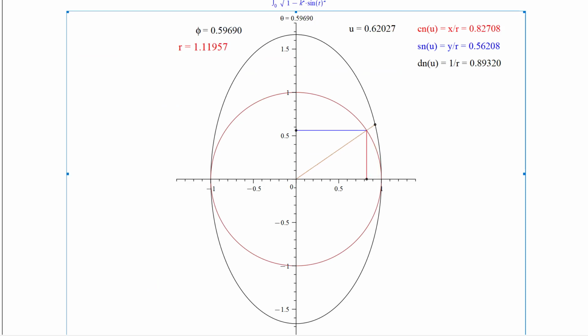So here's a look at going around the ellipse. Eccentricity 0.8, major axis 5/3, minor axis 1, of course vertical. And we get our values based on where we are on the ellipse.